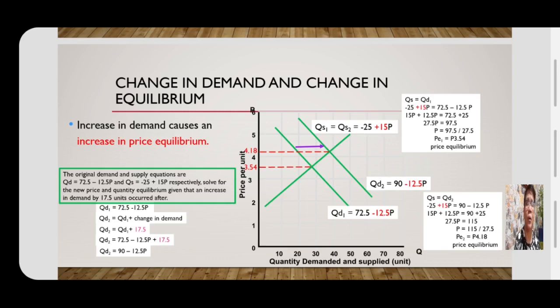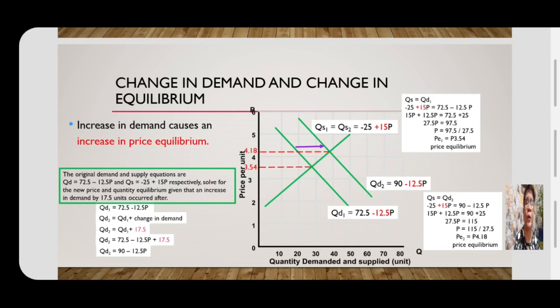Last time, we have already covered the topic on what would cause the change in demand. So in this particular problem, it was not specified what has caused the change in demand.